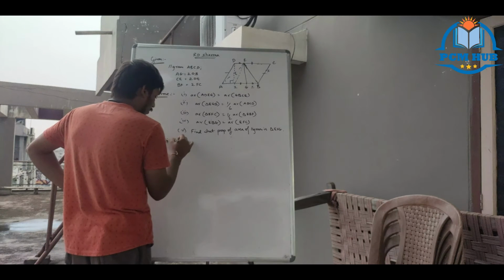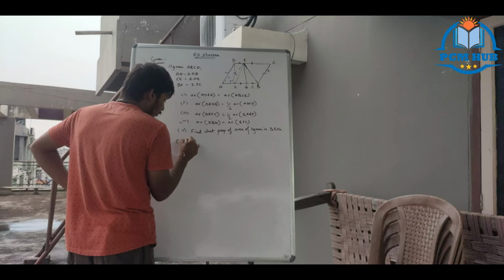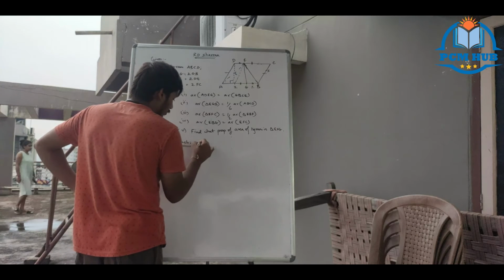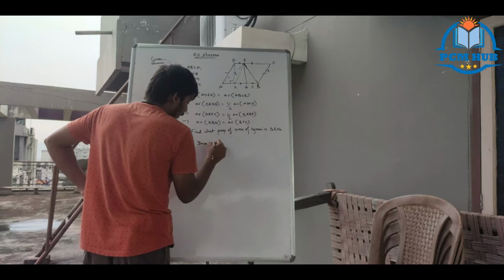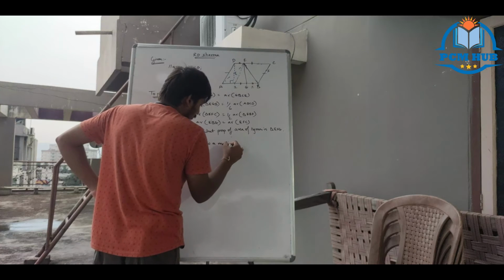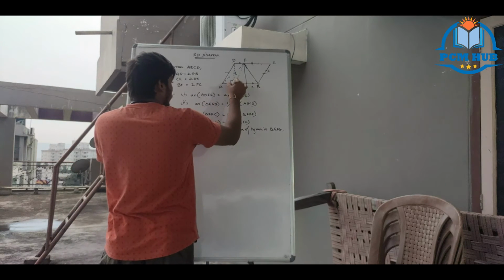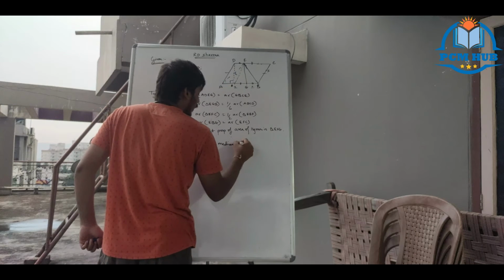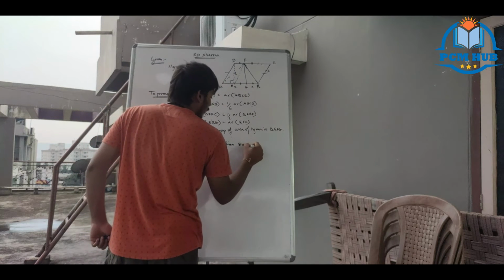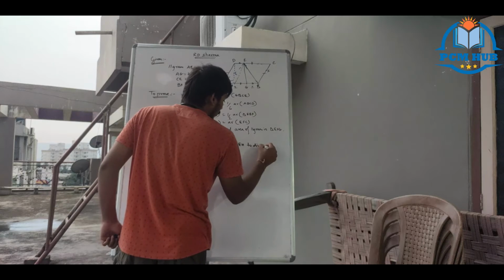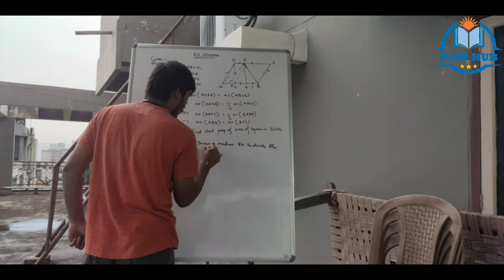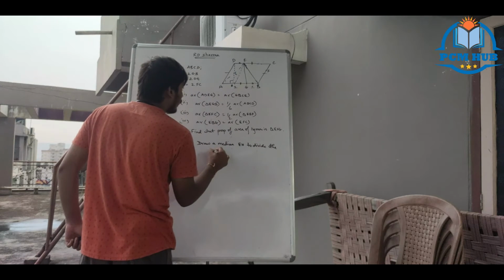Now put construction here. Draw a median. Take this median as EH to divide the triangle. Which triangle? AEG.